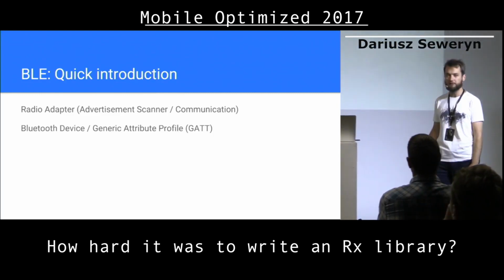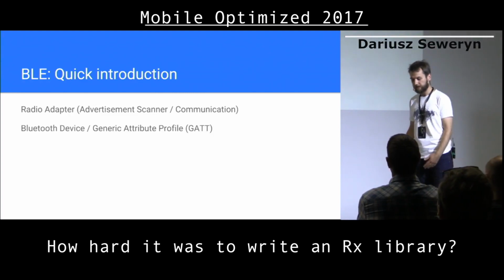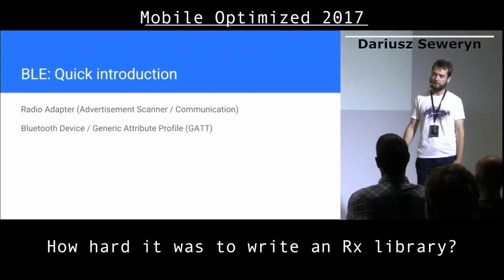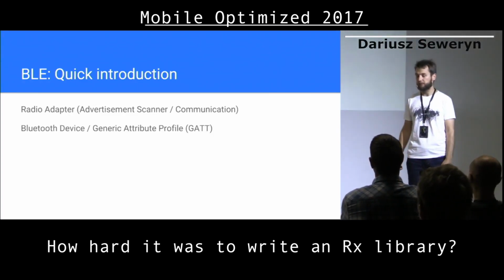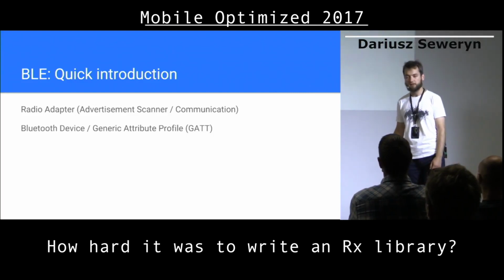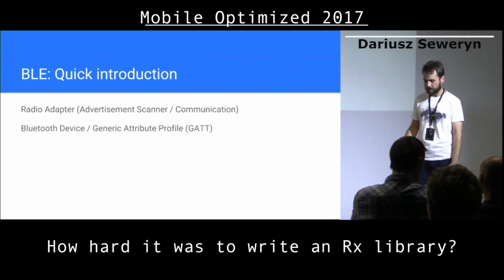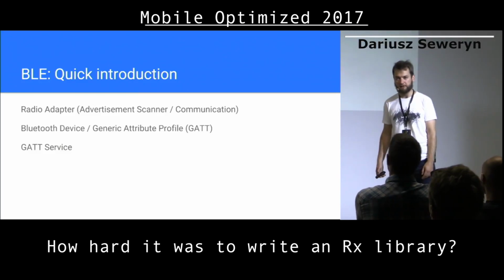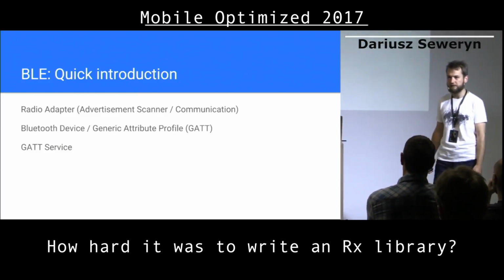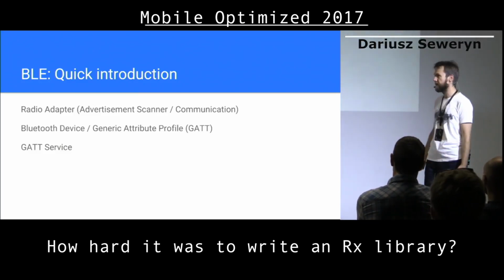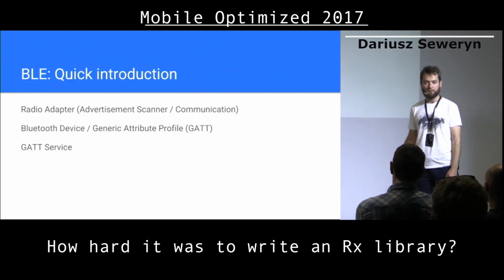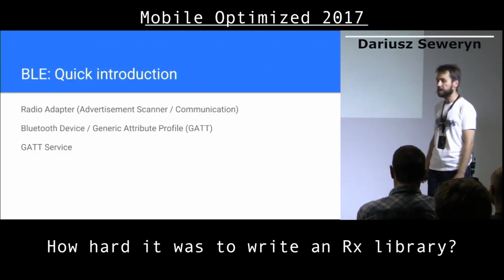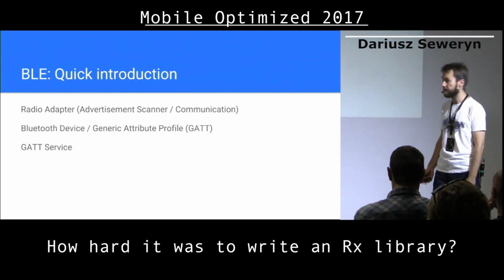This generic attribute profile has basically all of the attributes that are possible to alter on a device. It consists of services. The services are basically the functionality that a particular device or a GATT profile offers to the user, to the client.